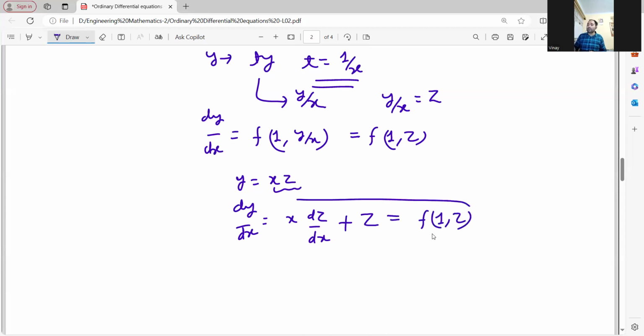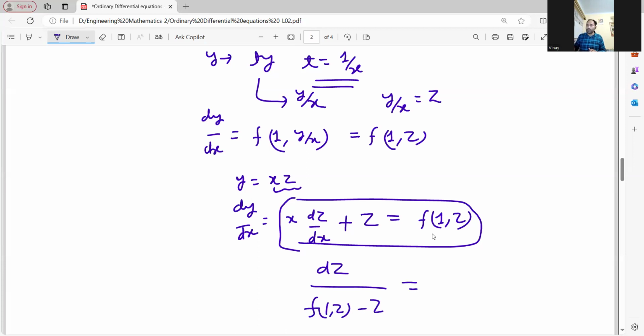Why did we do this? Because we want to convert the differential equation into a separable equation. Now you can separate z function f of z separately and x function separately. What will you get? dz upon f of 1 comma z minus z is equal to dx by x.